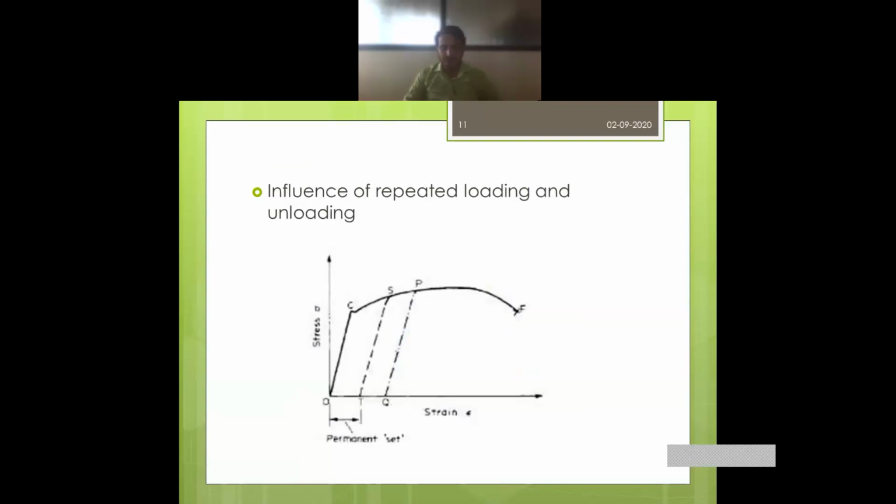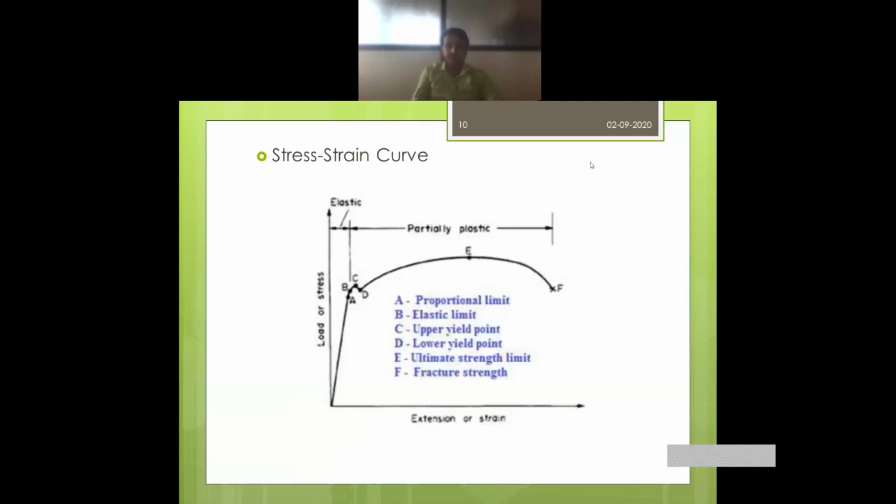See here. If we further go on to the next topic, there is a concept we can observe here. Before that, observe here. From this curve itself, we can calculate Young's modulus. Young's modulus is the modulus of elasticity.